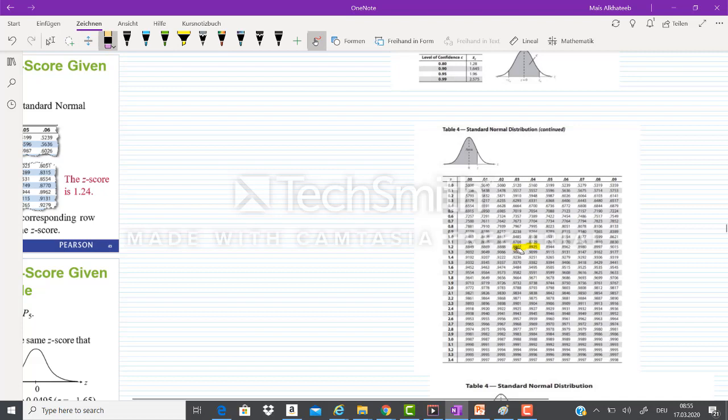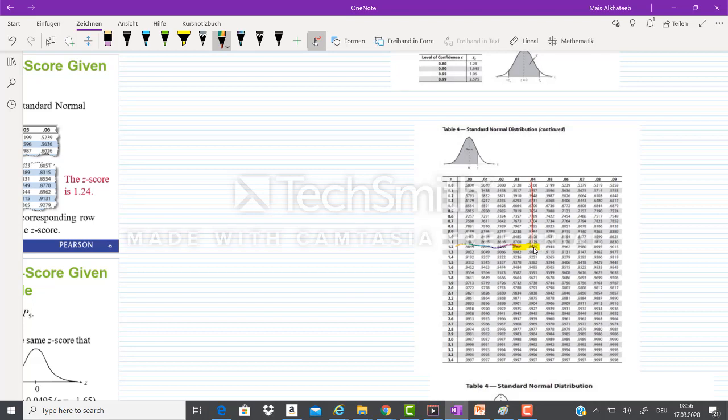Then the corresponding z, from the line, the first two numbers are 1.2, and the third number will be 4.